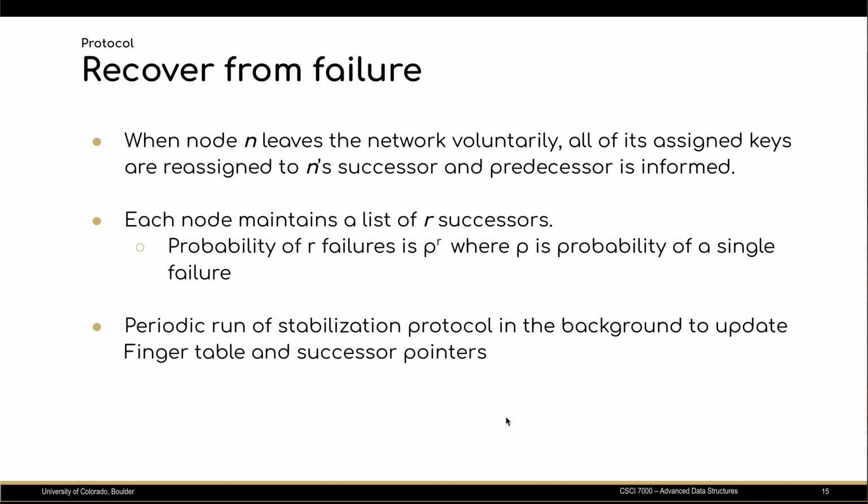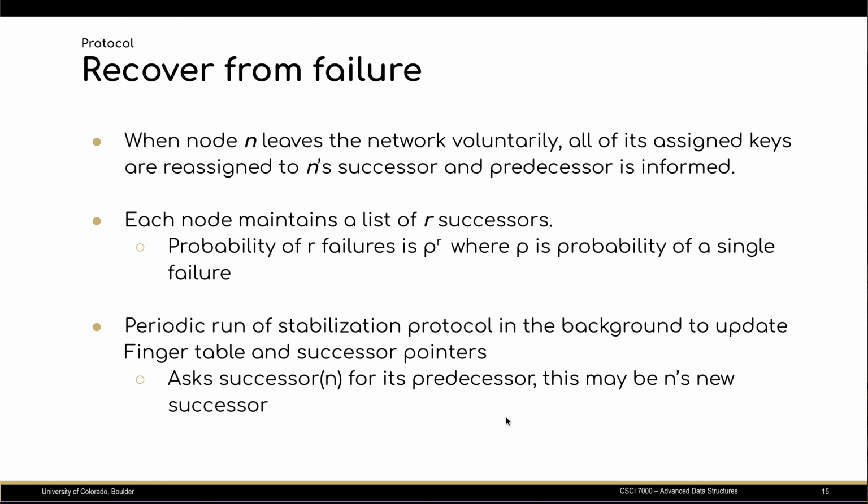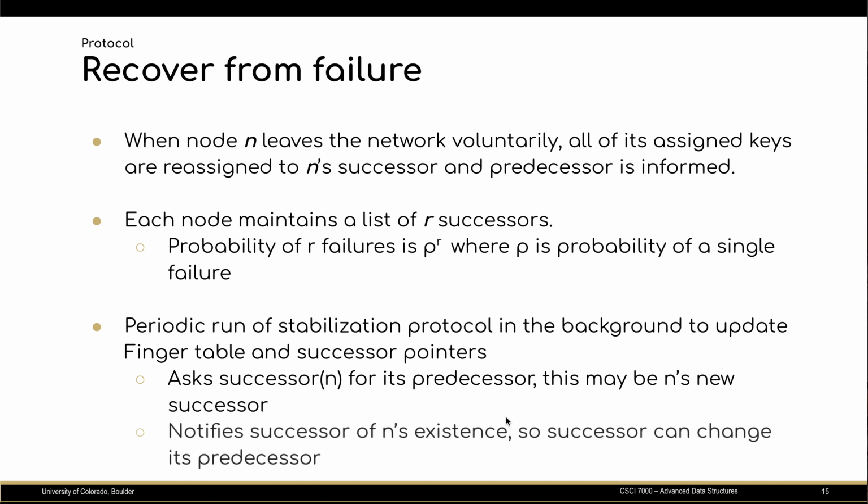The stabilization protocol runs periodically in the background to update the finger table and successor pointer. The stabilization protocol asks the successor for its predecessor. This may be n's new successor, because a new node would have joined between n and the successor of n, and in that case the node has to update its successor pointer.